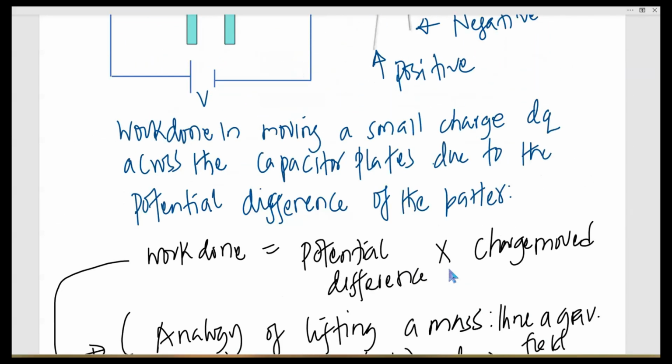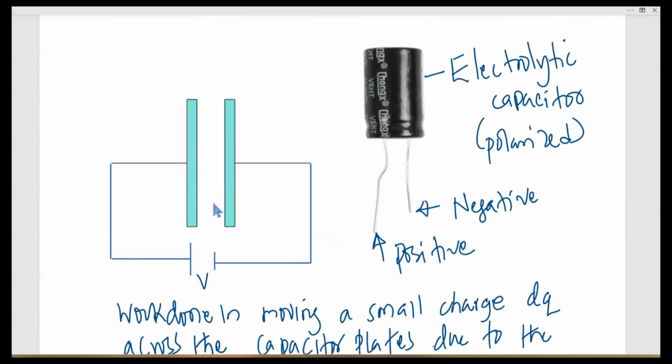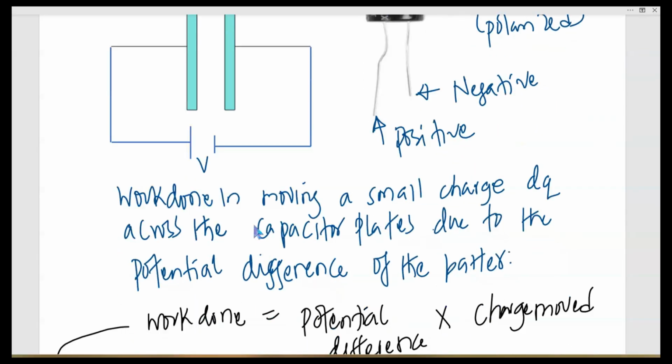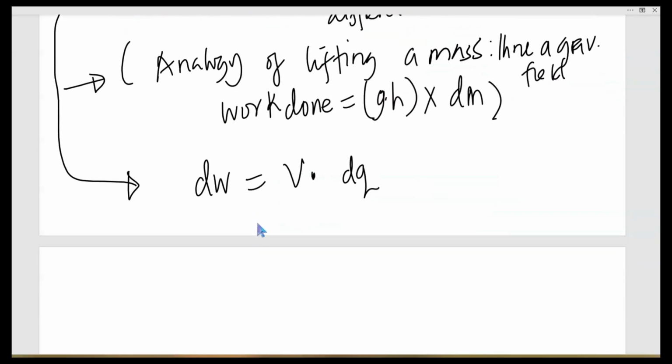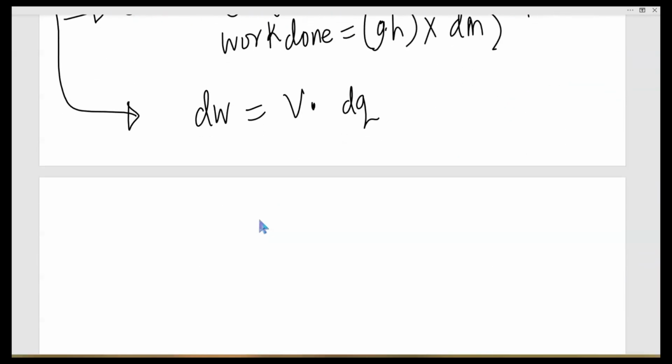Because in charging, we are moving tiny charges from this plate to this plate, until it is fully charged to Q. So if we want the total work done, this is going to be integrating V dq from 0 to Q, because this is the total charge.